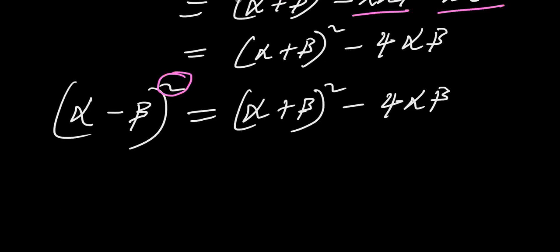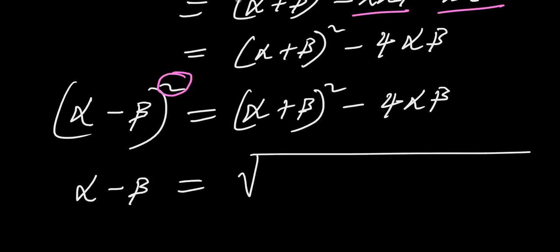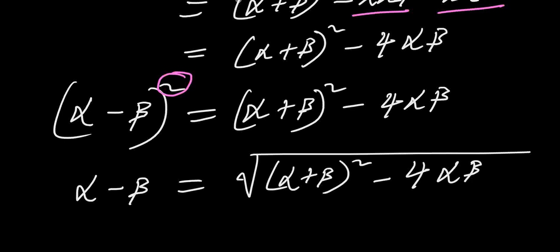And so that will be alpha minus beta is equal to the square root of (alpha plus beta) squared negative 4 alpha beta.